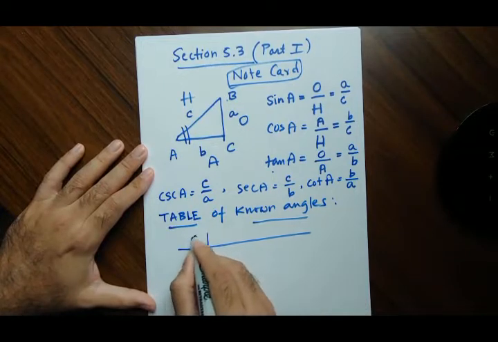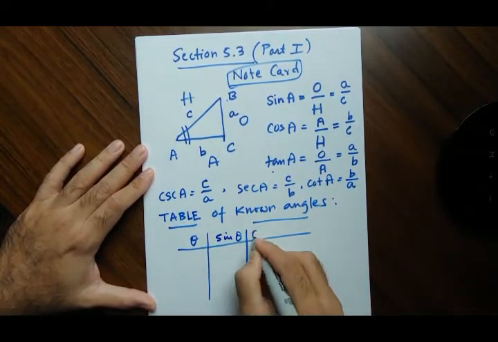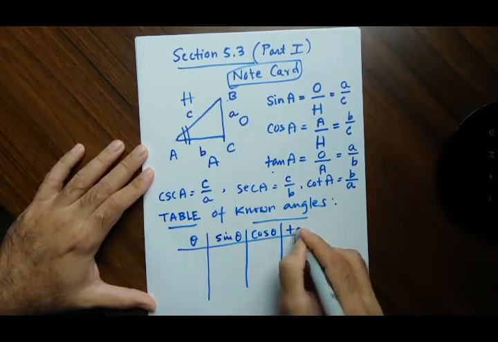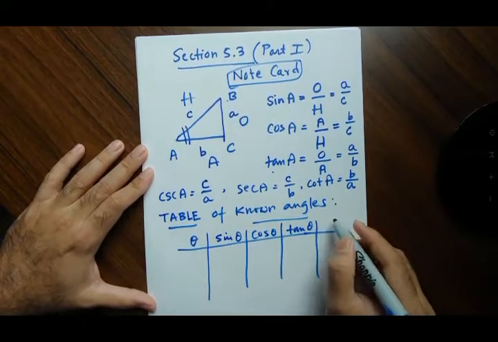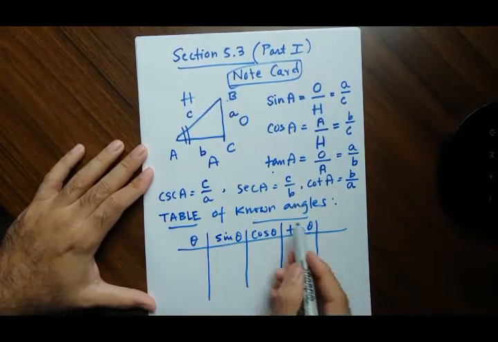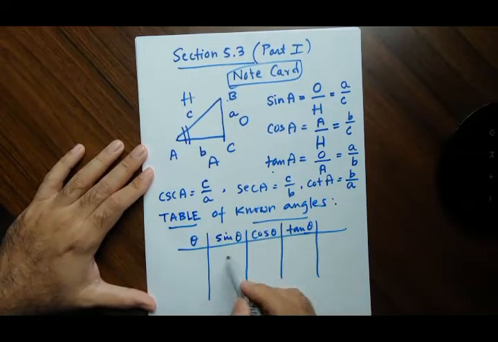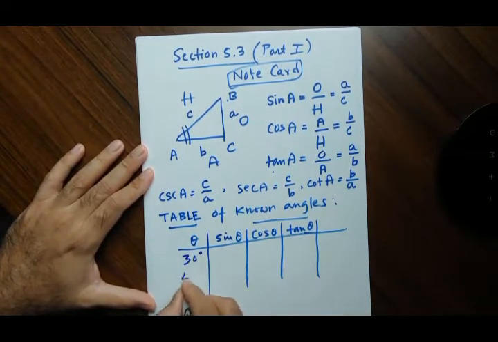This is the theta, and this is the sine theta, cosine theta, tan theta, and you can add more. You can add 3 more columns here, cosecant and secant and cotangent, but primarily we definitely need these 3. If you copy the whole table from the book, that's fine with me. But primarily I need these 3. Definitely you can write those here.